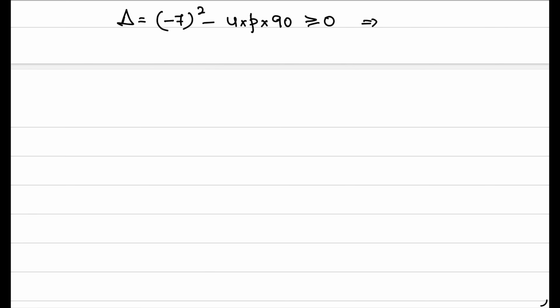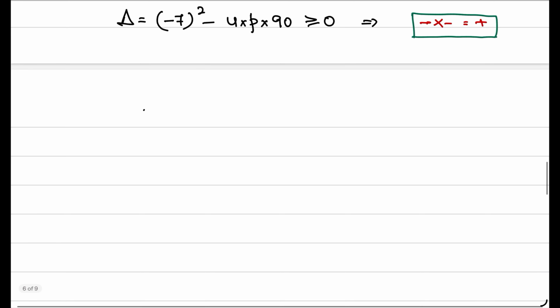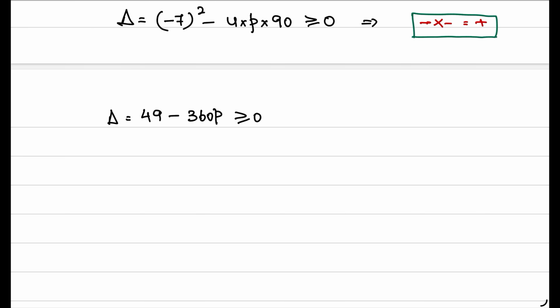Please remember, minus into minus is equal to plus. Then minus 7 square is minus 7 into minus 7, which will be 49. Delta is equal to 49 minus 4 into 90, which is 360p, should be greater than or equal to 0.